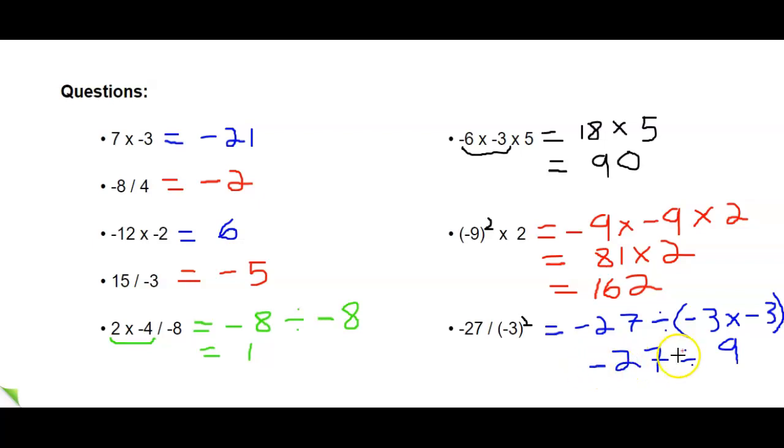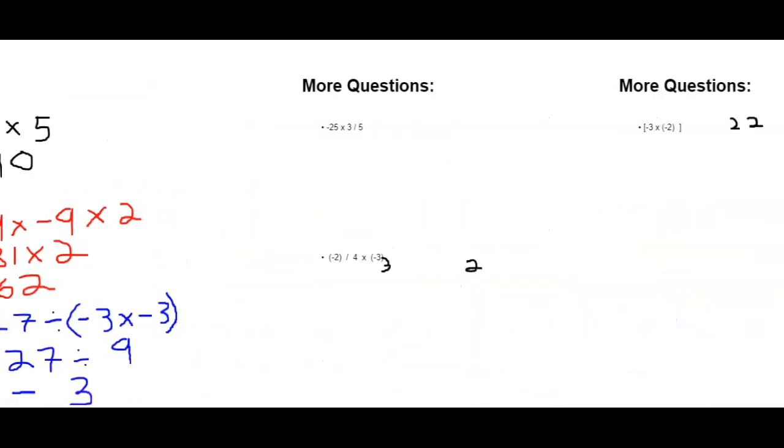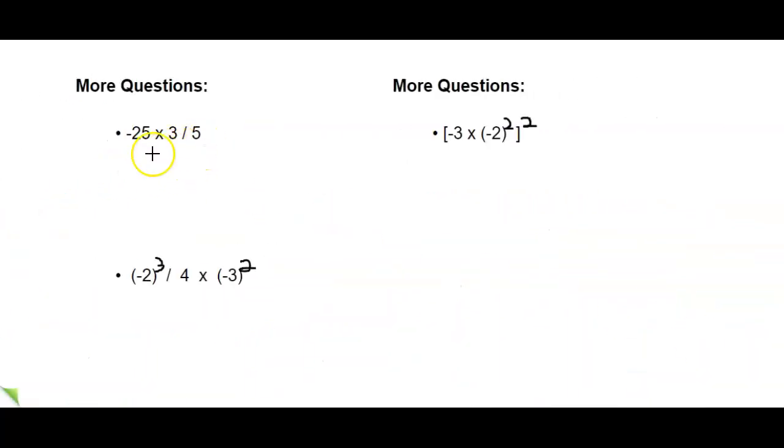And a negative divided by a positive would give us a negative, so we know our answer would be negative 27 divided by 9, because 9 threes are 27. So we get negative 3 as our answer. Good. Now let's continue. We have 3 more questions.